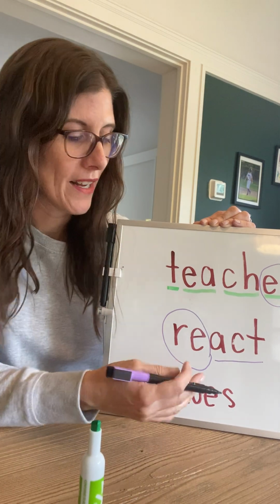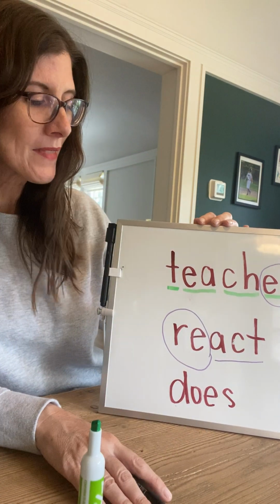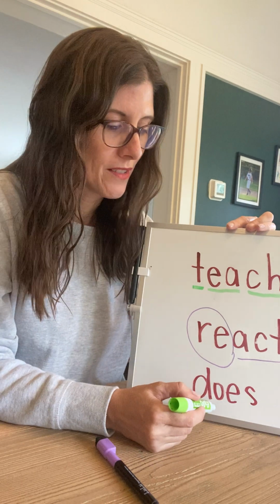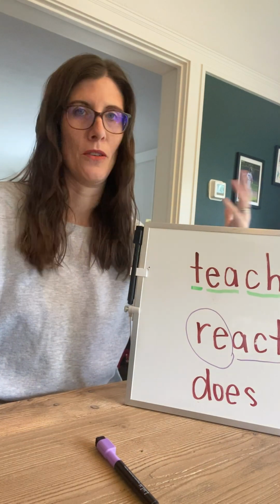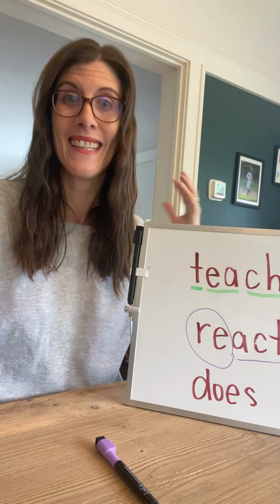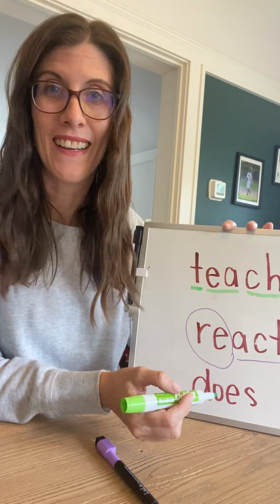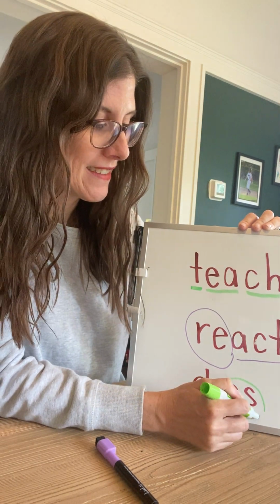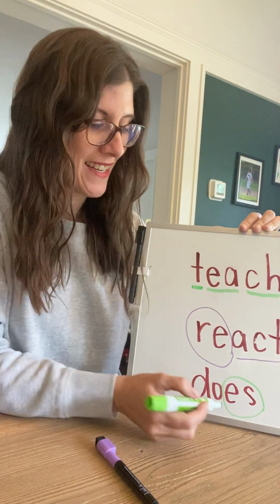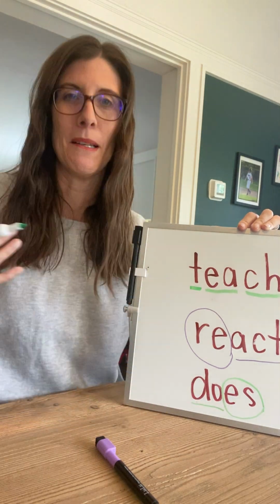Now let's look at one more, and I've talked about does before. Instead of going by sound, d, z, and then just basically saying that the OE doesn't make sense and we just have to memorize it, instead, I'm going to look at the morphology. So I'm going to look at the fact that ES is a suffix and do is a base.